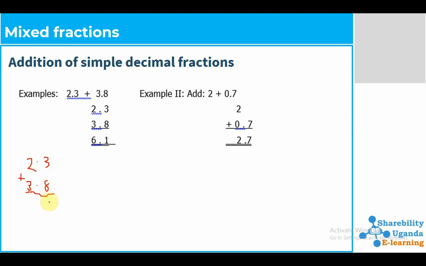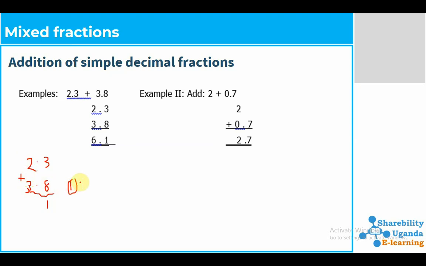Now let's make some simple addition, and we see when we have a 3 plus 8, we cannot just write all the numbers here. What we do, we write what is 3 plus 8? 3 plus 8 we get 11. So what you do, you just only write 1, and there is also one which is remaining. This one which is remaining, you also carry over to these numbers which are in the place value of ones. That is a 2 and a 3 sums up to a 5.